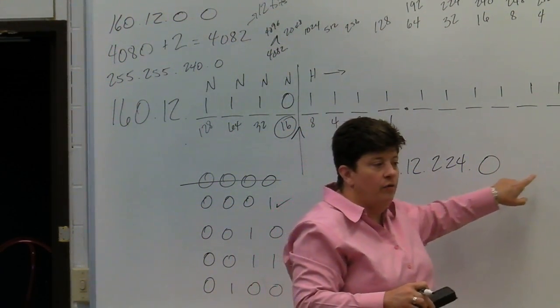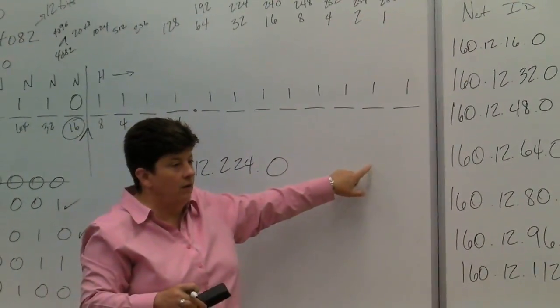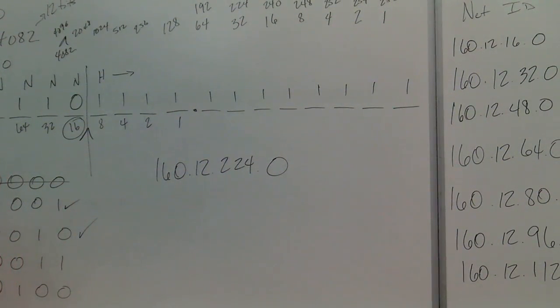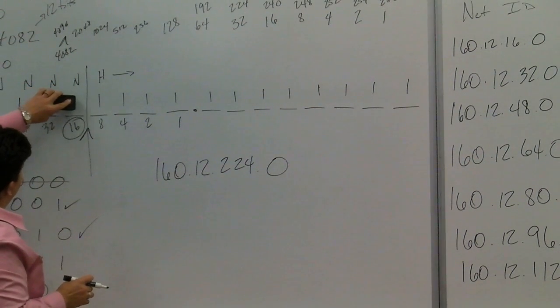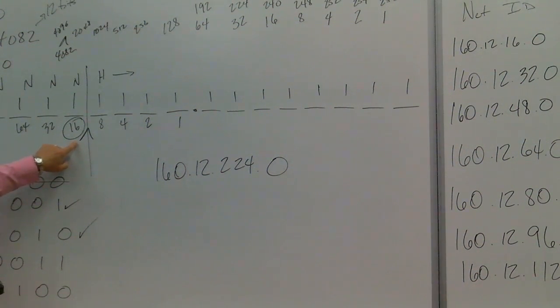But I want to know the broadcast of this. I could just write it out in binary. Or, what is this number? 128, 64, 32, 16 equals 240, your new subnet mask, right?